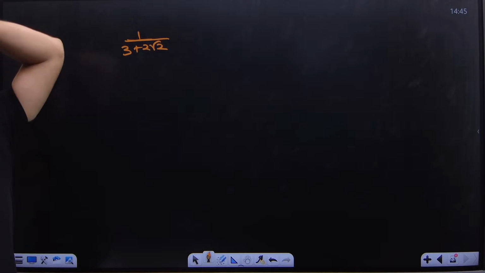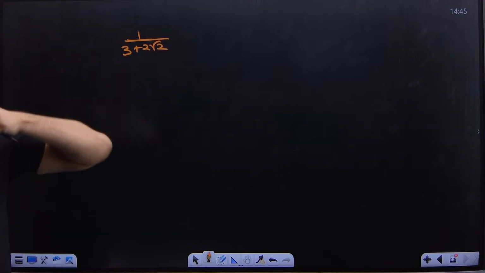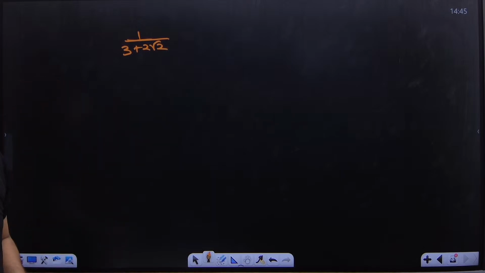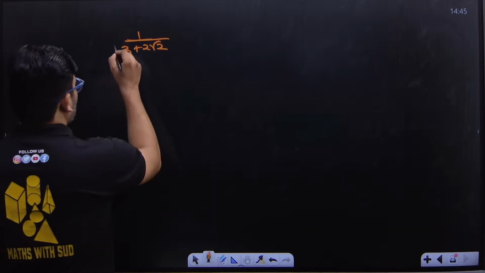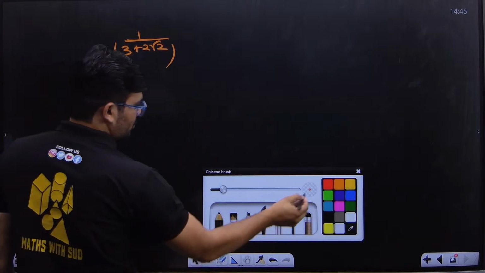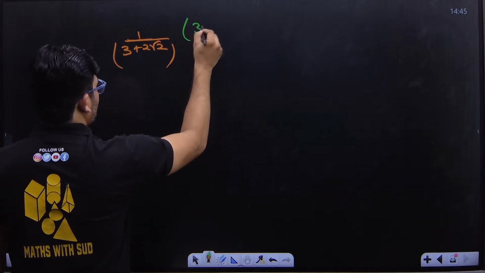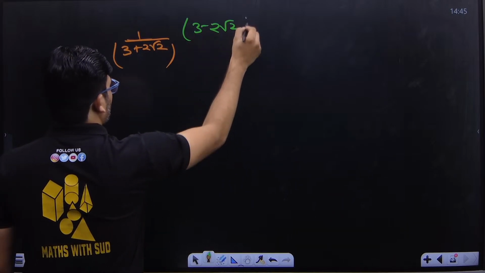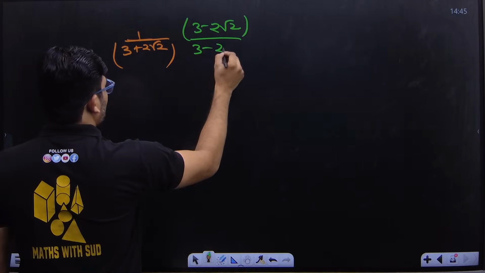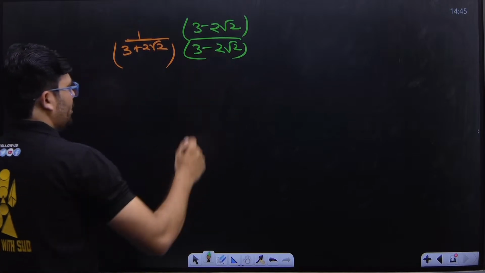No, I told you, when there are more than one term, you have to multiply with the conjugate, my beta. Right, so it'll be 3 minus 2 root 2. Wonderful. 3 minus 2 root 2. What will be the denominator? What will be the numerator? Tell me.